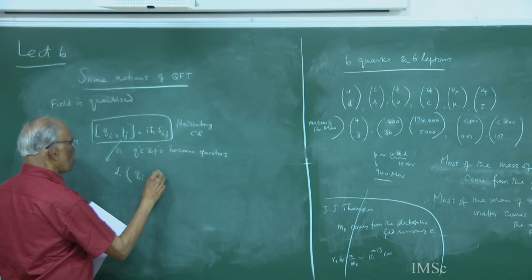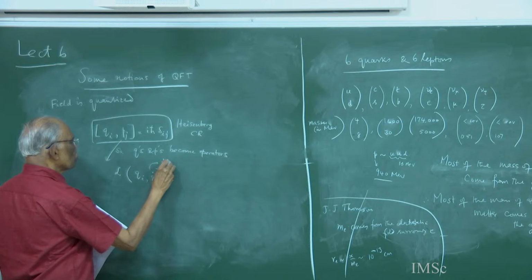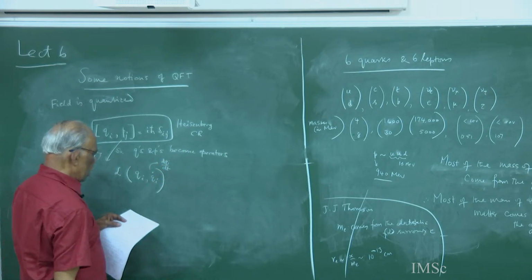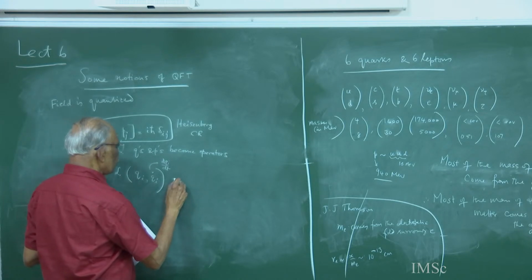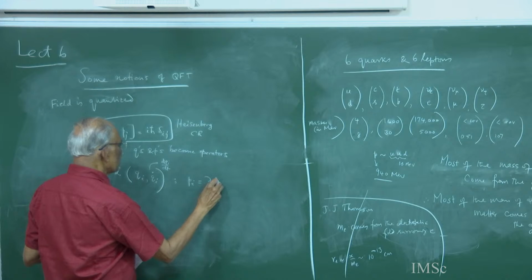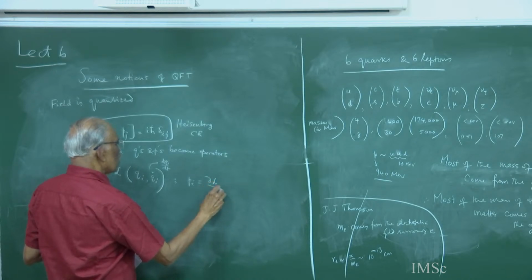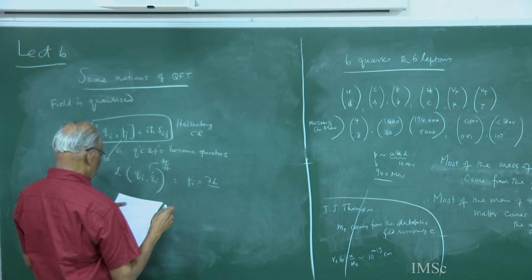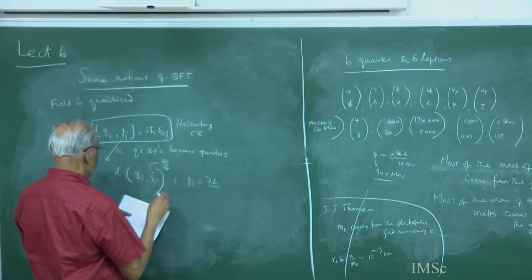The Lagrangian is a function of the coordinates and their time derivatives. Dot means a time derivative. And from that you define momentum by differentiating the Lagrangian.